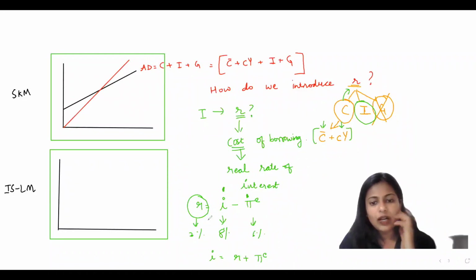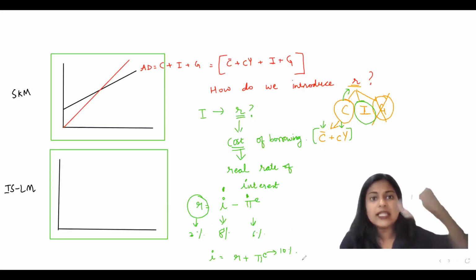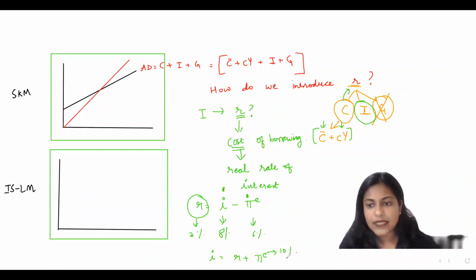Now if the inflation is, let's say, 10%, prices are increasing steadily year on year, 10%, 10%, 10%, then of course the nominal interest rate will be high, right? Because the savers, people who are saving money and giving it to you for investment, will have to be compensated for this, because they are postponing their own consumption or investment or whatever by 1 year.